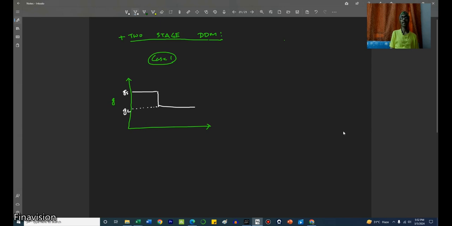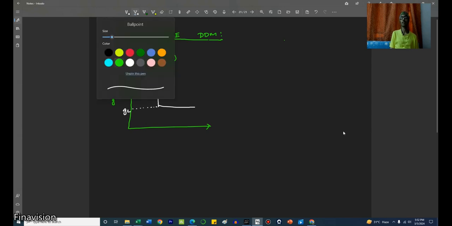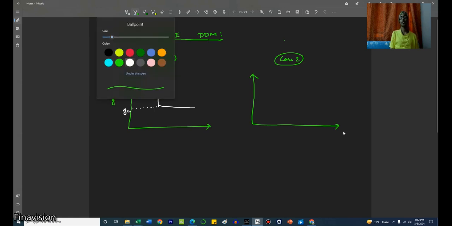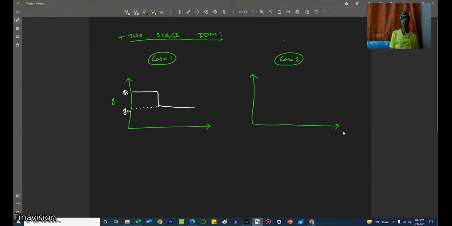In the second case, here also there is a short term growth rate which is high, but the difference is it is smoothly declining like this. It is not like a drastic decline. From GS, it gradually declines over a number of periods to GL.